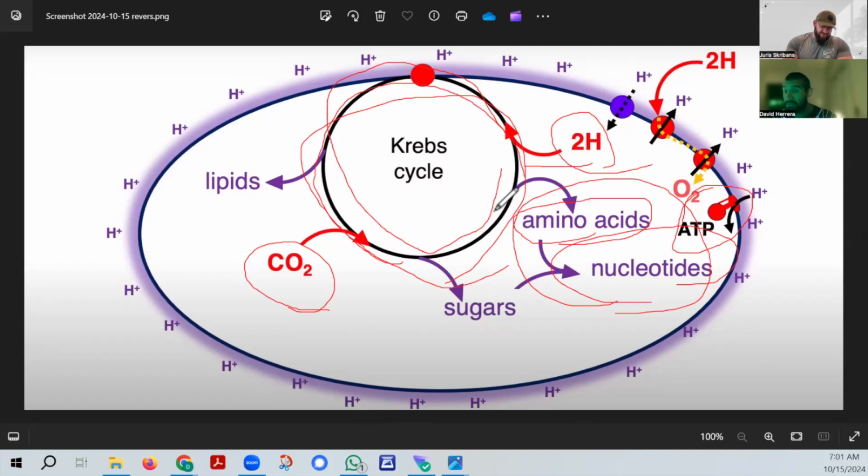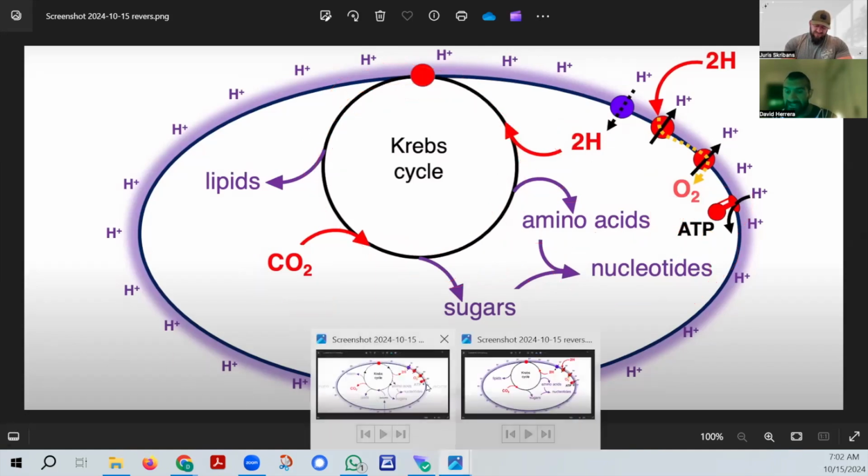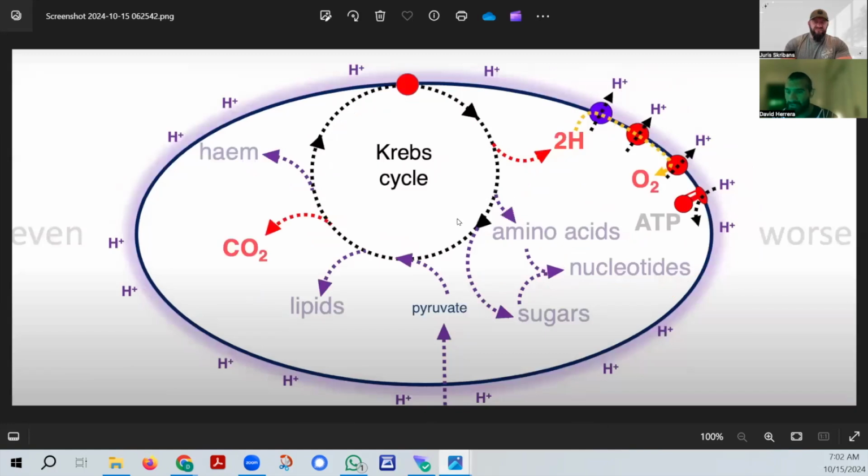Now, that's actually what should be happening at certain times of the day in certain tissues, and at other times of the day in other tissues, it should be looking like what we're taught in textbooks. It should be moving in the clockwise direction.